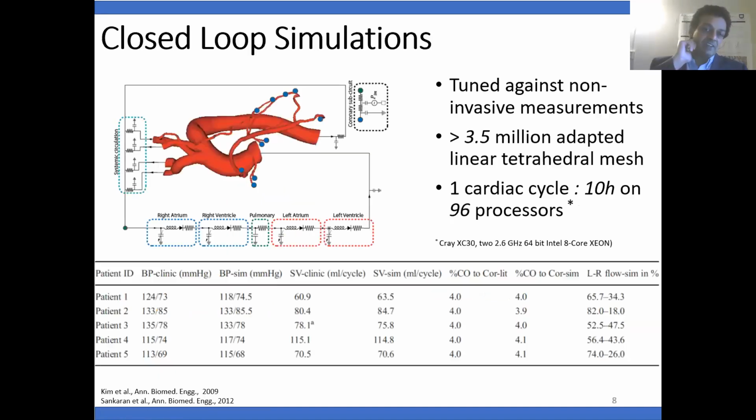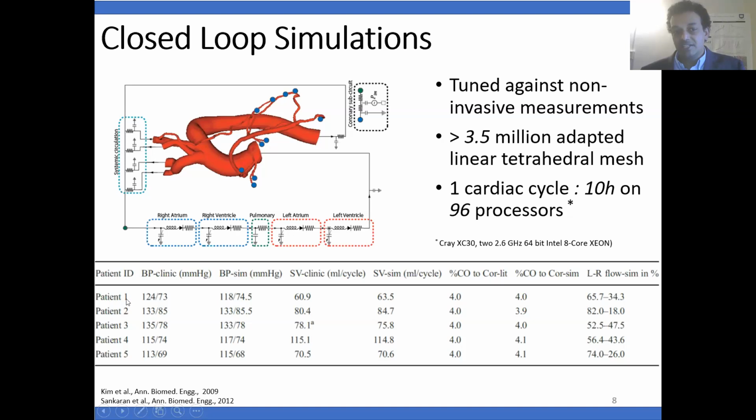Okay, so of course, we have a closed loop circulation. You have to be faithful to the physiology. So our circuit diagram is a closed loop simulation. And this was a major chunk of my PhD thesis, getting a closed loop circulation model to work and couple it with the 3D geometry. And of course, we tune these parameters to match patient-specific non-invasive values.